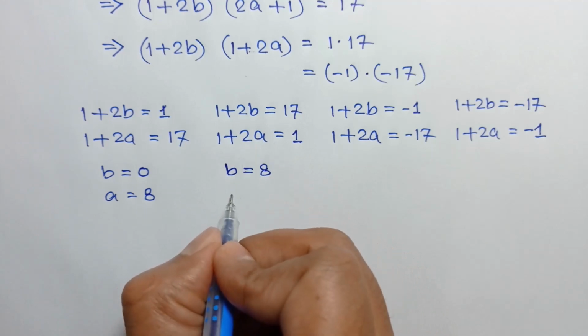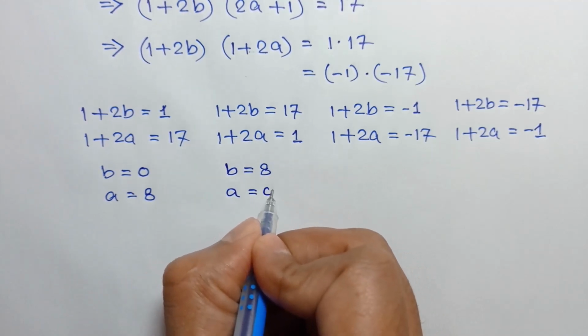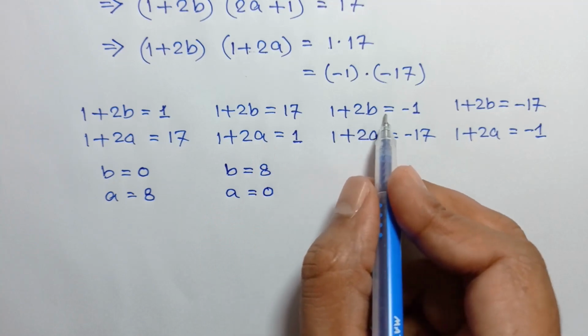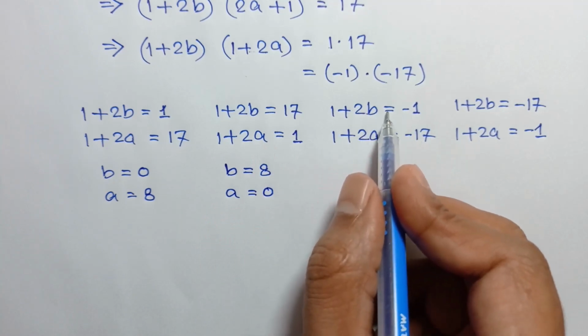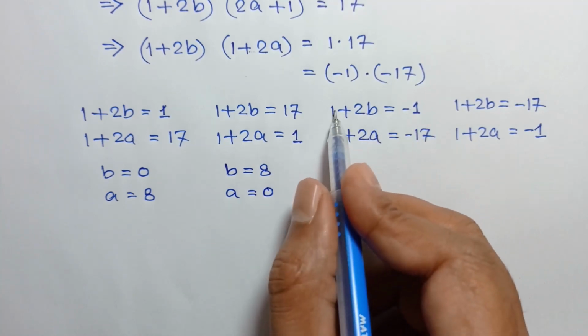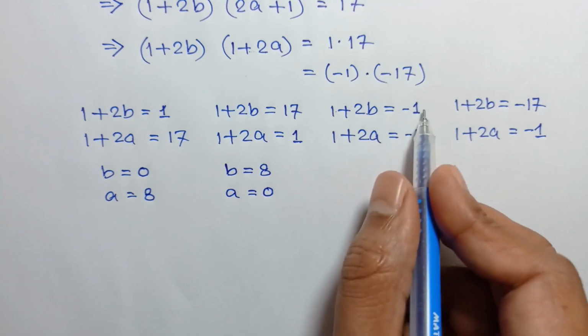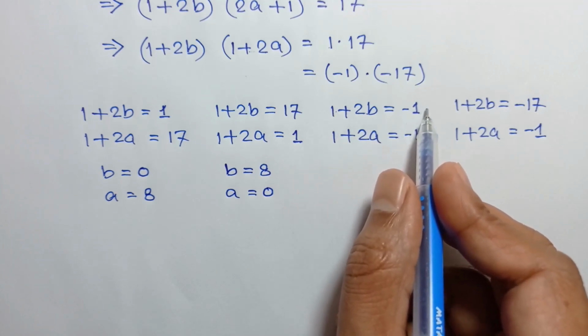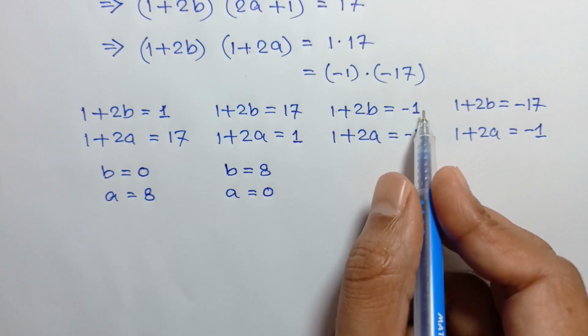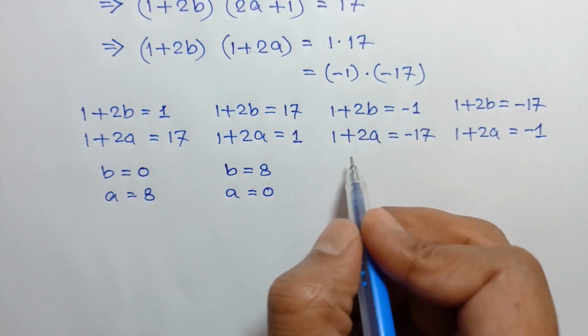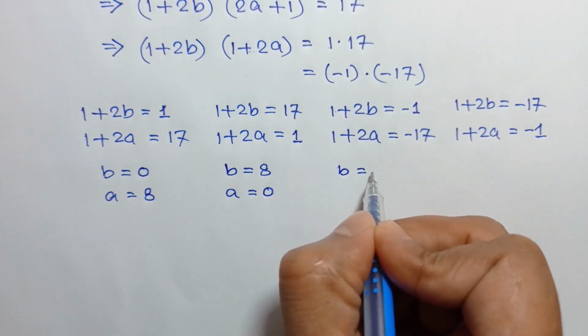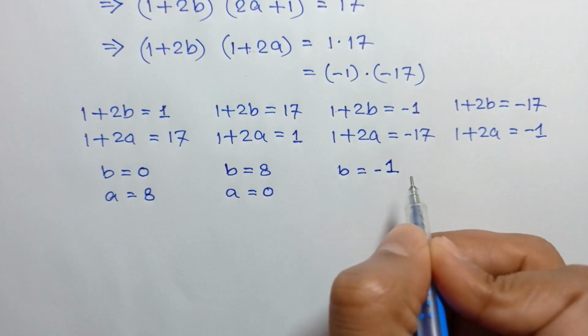And from here 2b is equal to negative 1, and taking this 1 to the right side, negative 1 minus 1 is negative 2, and dividing both sides by 2 we will have b is equal to negative 1.